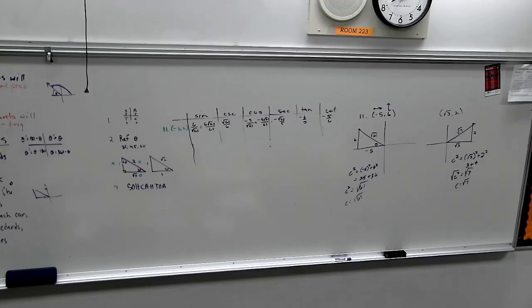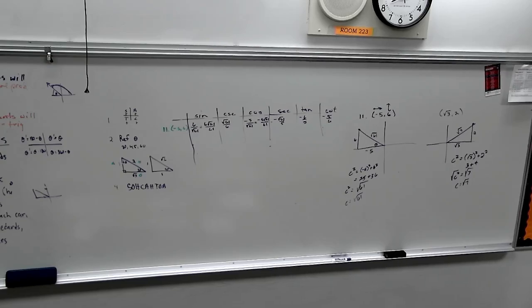Now can you reduce the 2 and the 10? Yeah. 1 and 5. There you go, that's your answer. So like this one, you would multiply top and bottom by root 5.